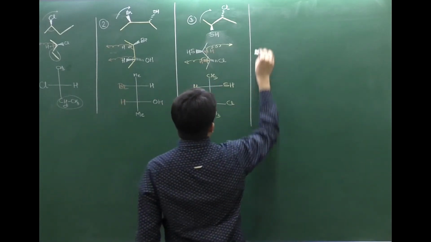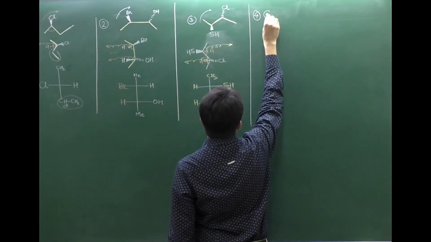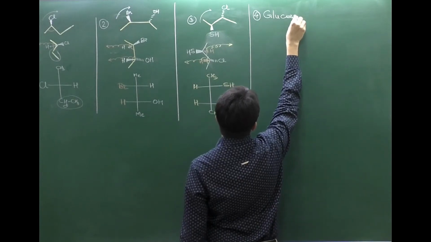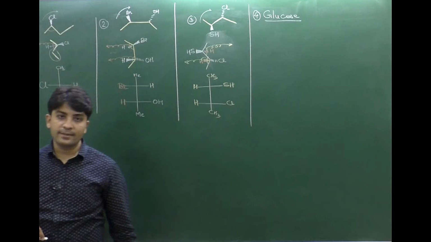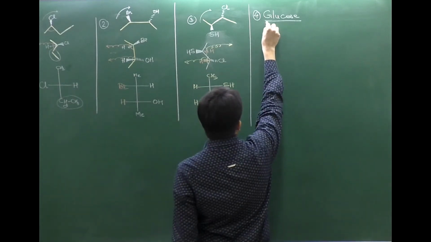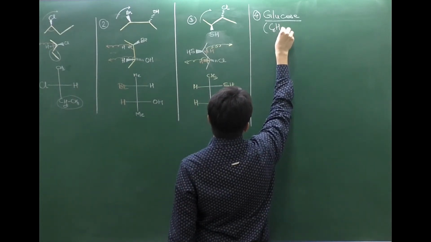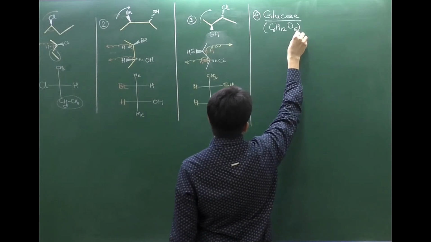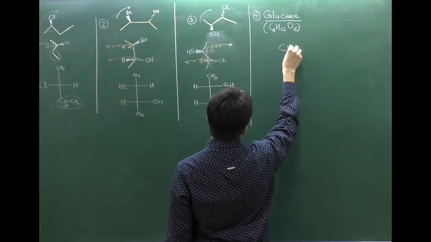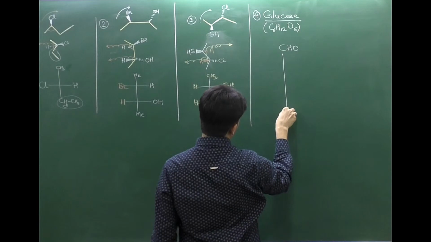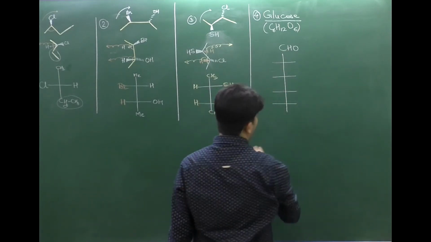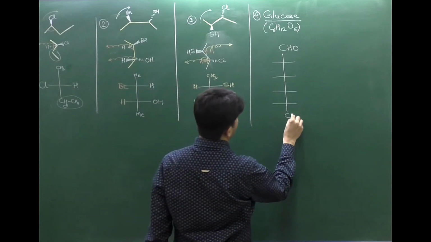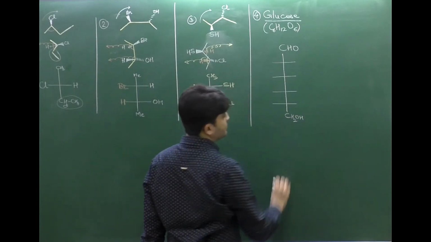Also, when we talk about carbohydrates, with a simple example of glucose and fructose, even they are found to be optically active. We know that glucose has the formula C6H12O6, and it's an aldehyde compound with an aldehyde group at the top with 4 chiral carbons, meaning the Fischer projection has 4 intersections, ending with CH2OH.